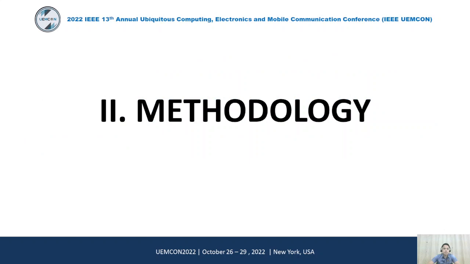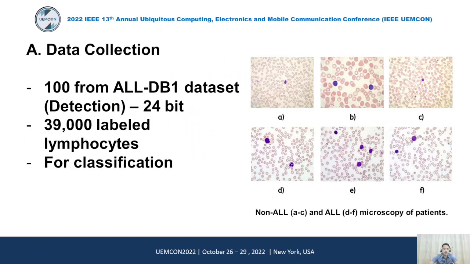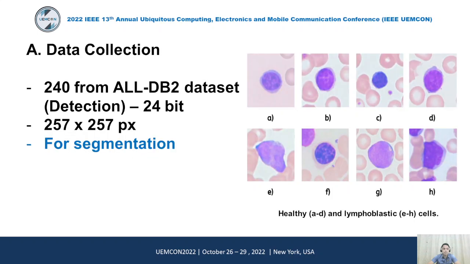For the methodology, we collected the ALL-DB1 dataset. It is 24-bit, with 39,000 labeled lymphocytes for classification. Another dataset is at the cellular level with 240 instances for detection, also 24-bit and 257 by 257 pixels.